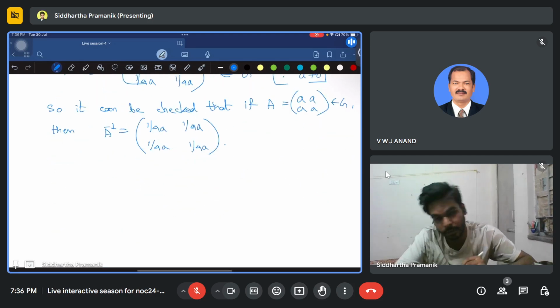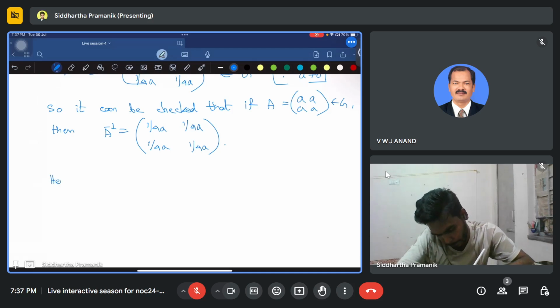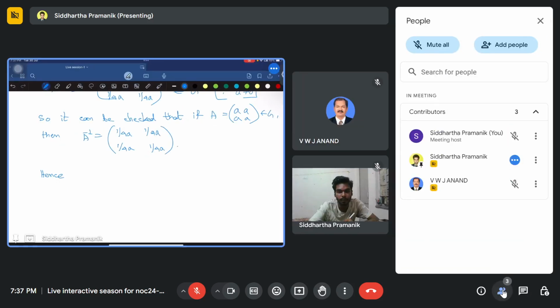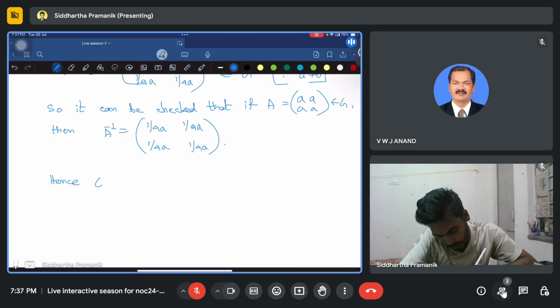And hence G forms a group under matrix multiplication.